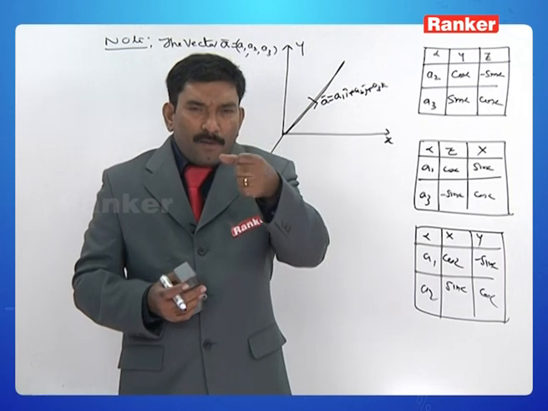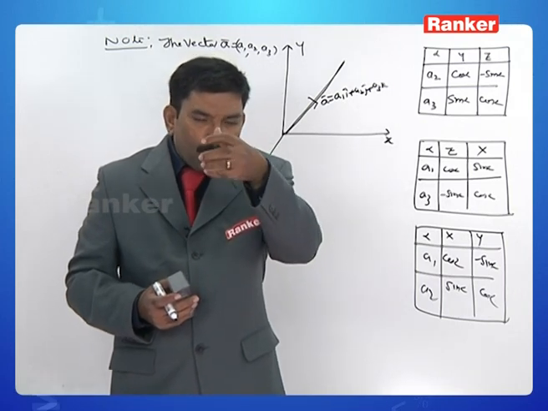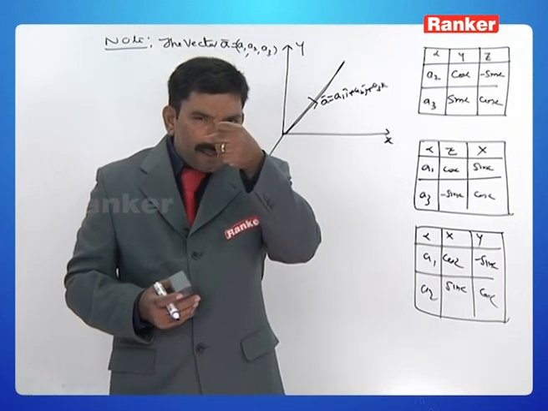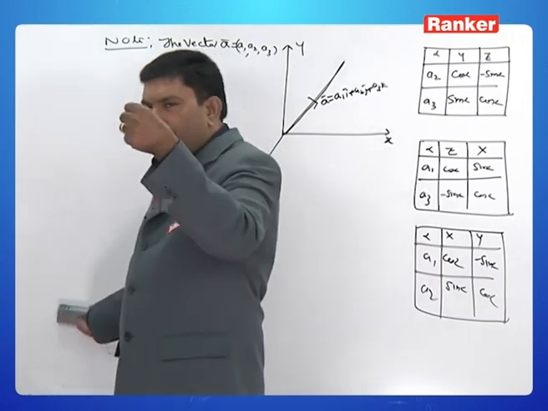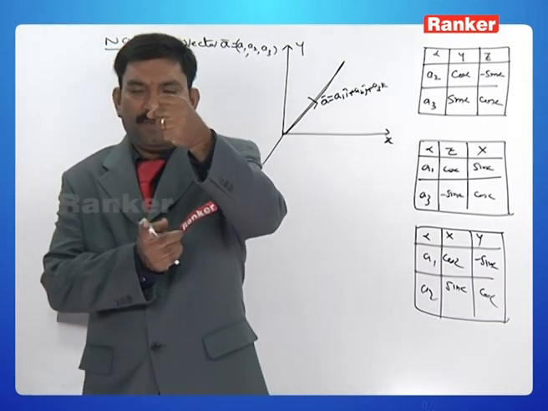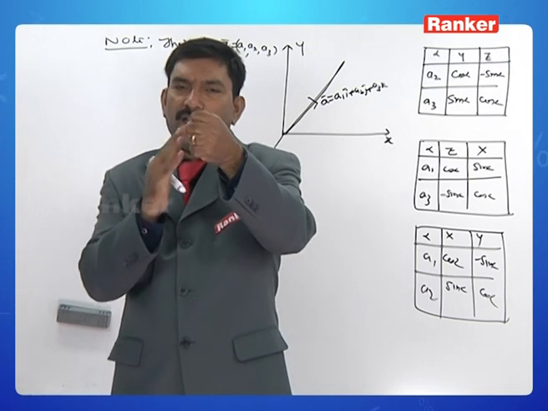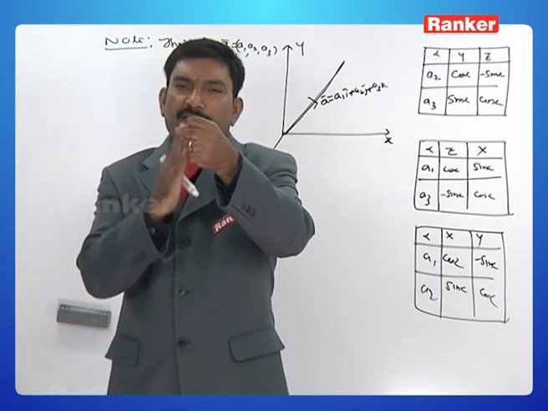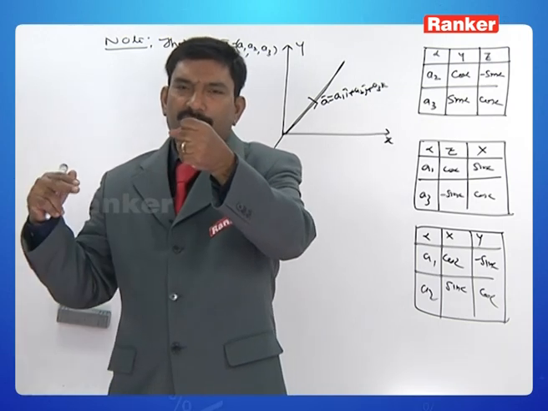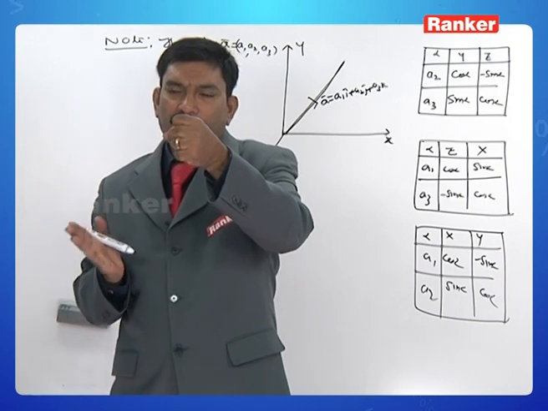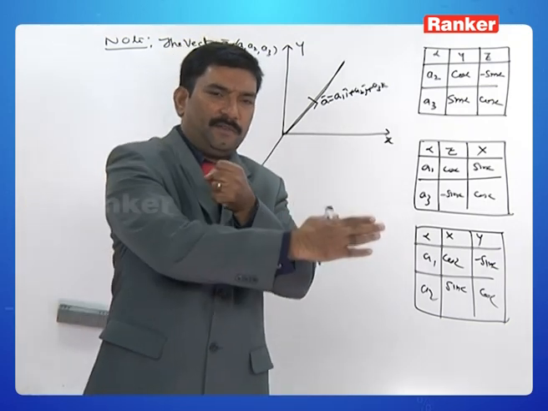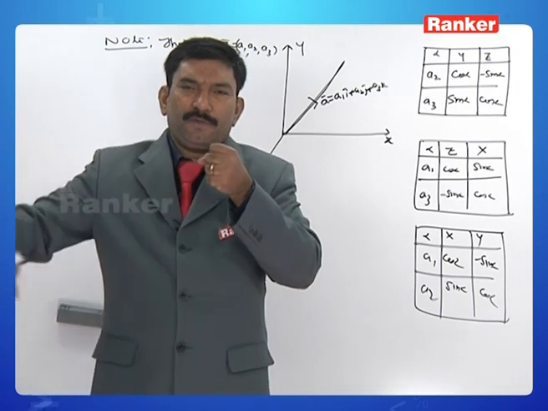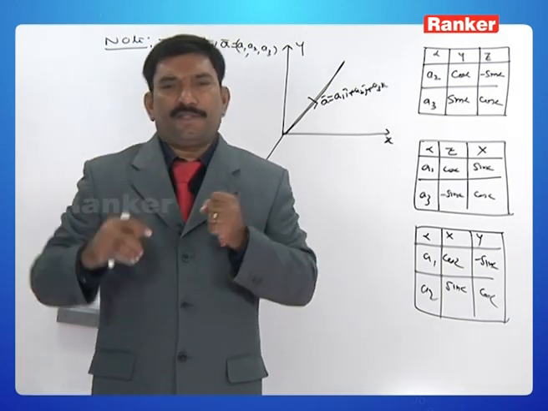X-axis, about which you are rotating, you catch hold of in your hand. In your hand there is an x-axis. This is x, this is y, this is z. When you rotate in the anti-clockwise direction, y comes towards z, z comes towards x.